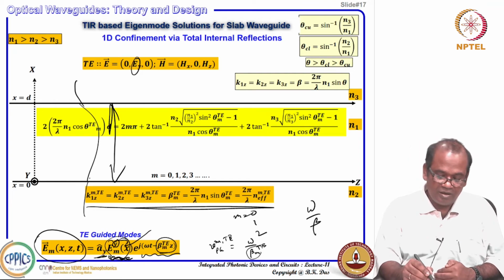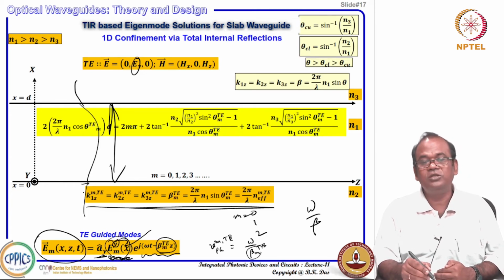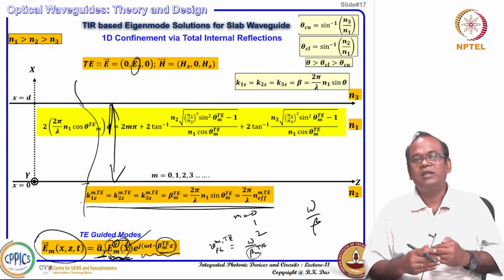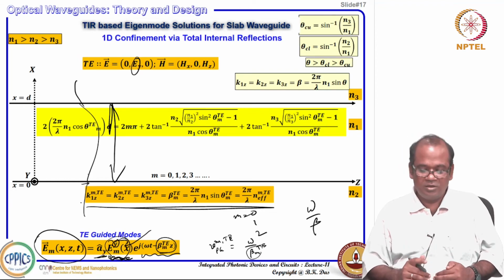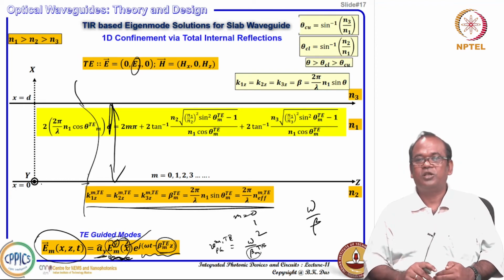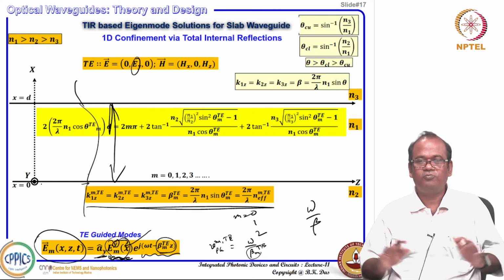Because the Ey component is tangential, the field strength above and below the interface should be continuous. So you can use the boundary conditions to find the entire profile solutions. I hope it is clear.